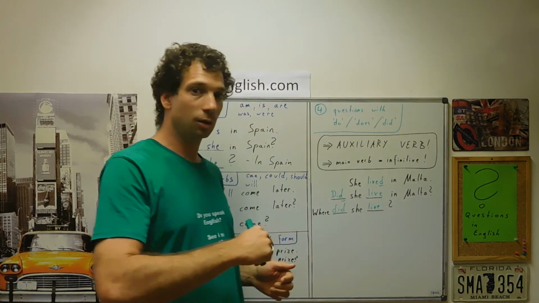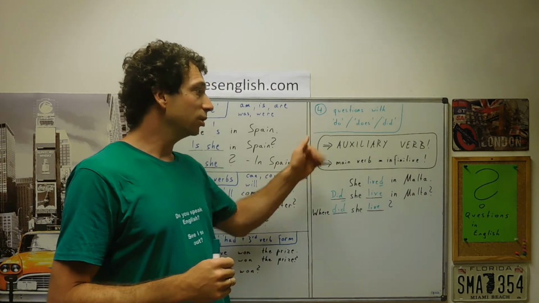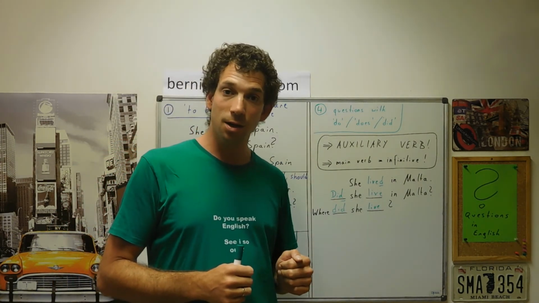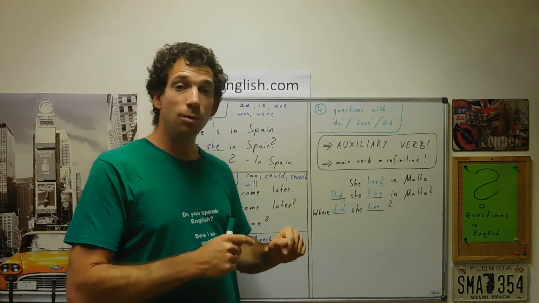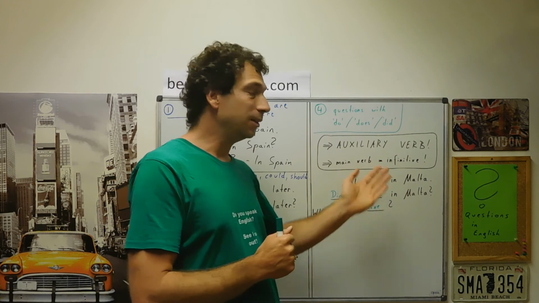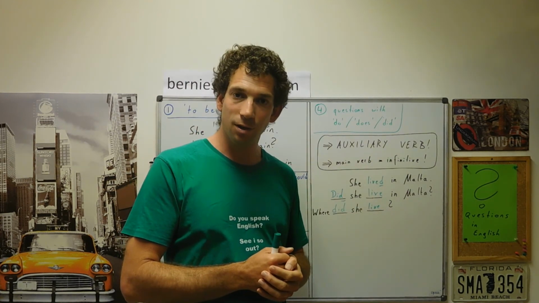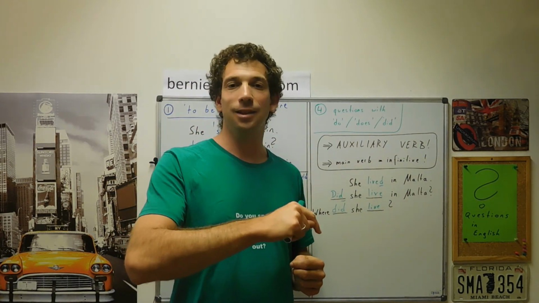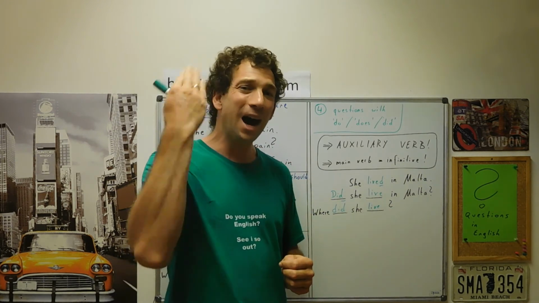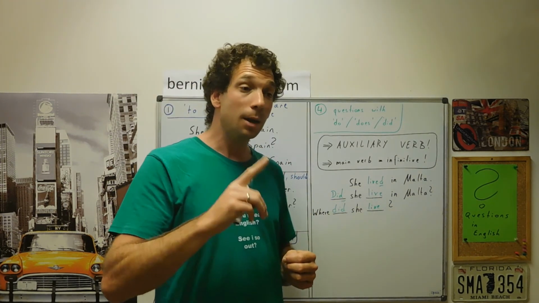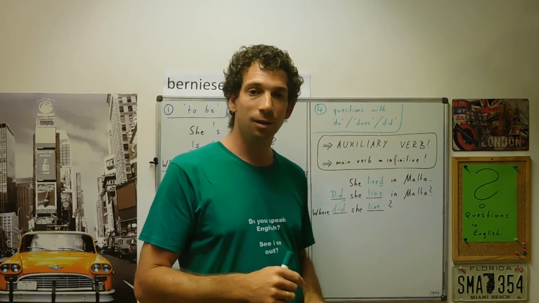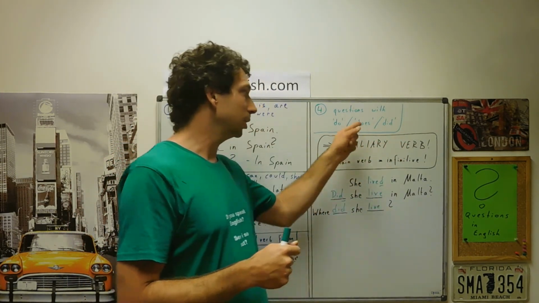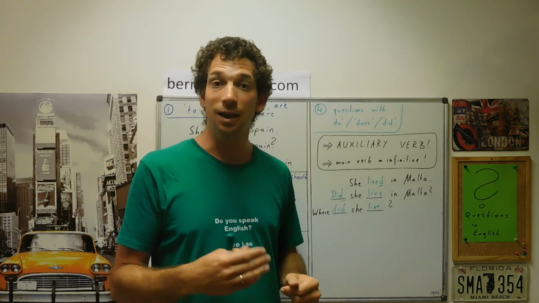When you have a question using do, does, or did, you have to put the main verb into the infinitive. So no s in the main verb and no past tense in the main verb. Because the s or the past tense can already be found in the does or in the did, in the auxiliary verb.